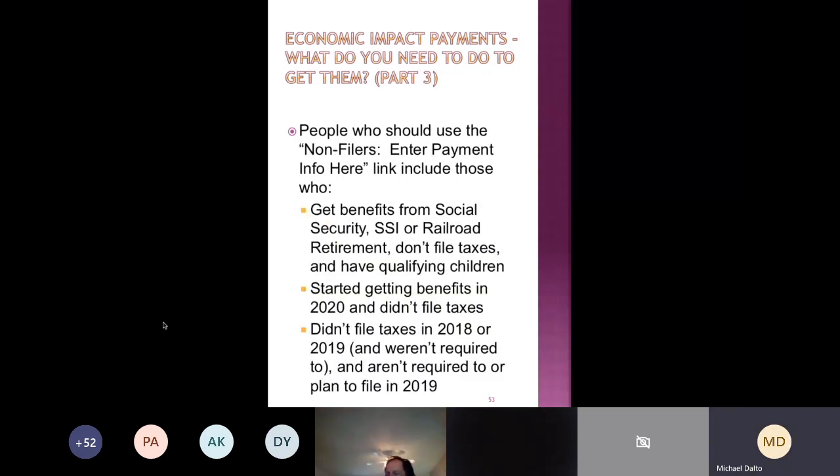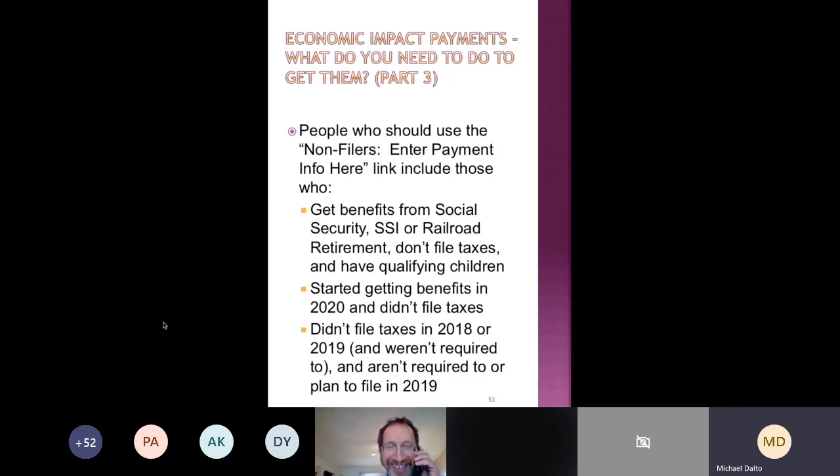And people who should use that non-filers link to enter information to get their payments are people who get benefits from Social Security, SSI, or railroad retirement, and don't file taxes because they don't have to. So they would ordinarily get their economic impact payments without having to do anything.